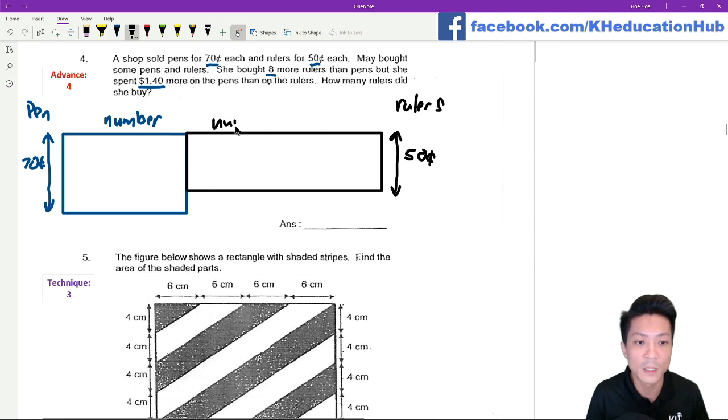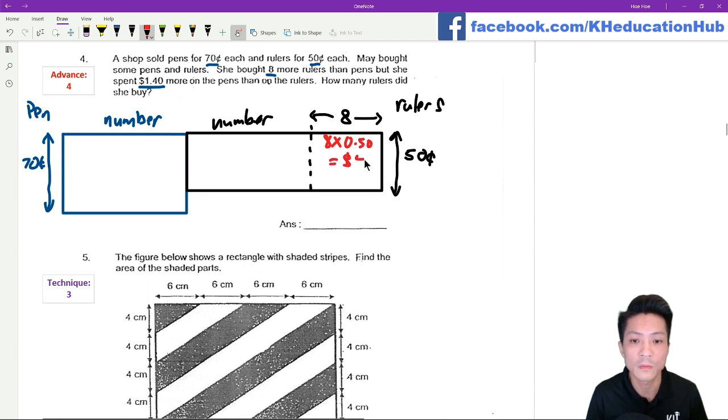This will be the number. But remember there are 8 more, so I'm going to draw a dotted line over here, and here to here will be the 8. We know that this part over here is 8 times 50 cents, which is equal to $4.